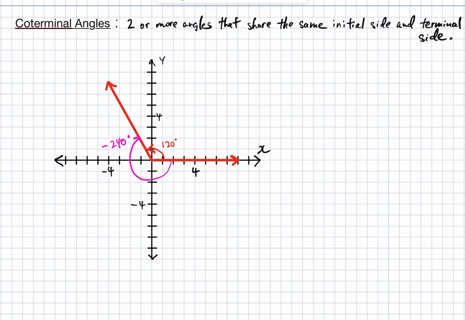I'm going to do this in blue, so we're going to go a full 360, okay? But instead of stopping at 360, we're going to continue on to the terminal side, okay? And so that means that our angle is going to be 360 degrees plus 120 degrees, which gives me 480 degrees, okay?